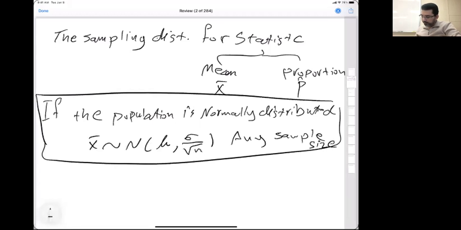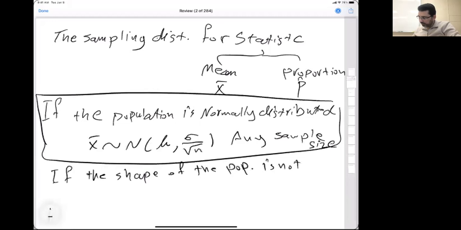But if the shape of the population is not known, we don't know it, here we also want to say that x bar is normally distributed with the same mean mu and sigma divided by square root of n. This is the standard deviation.